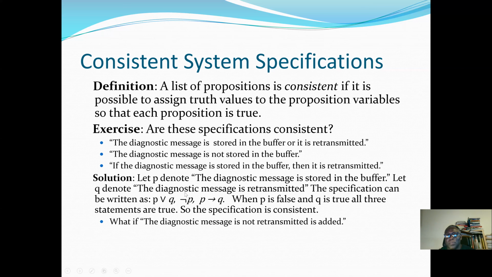First, we let P denote the diagnostic message is stored in the buffer. Then we say Q, the diagnostic message is retransmitted. So the specification can be written as P or Q, because the diagnostic message is stored in the buffer or it is retransmitted.